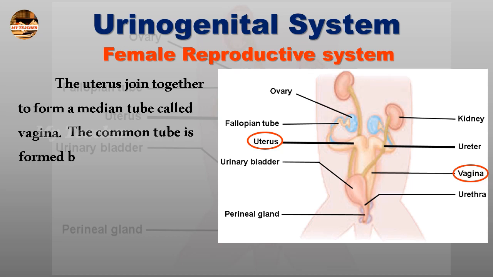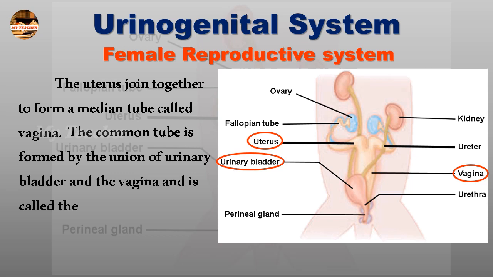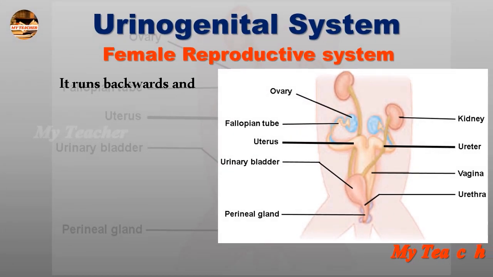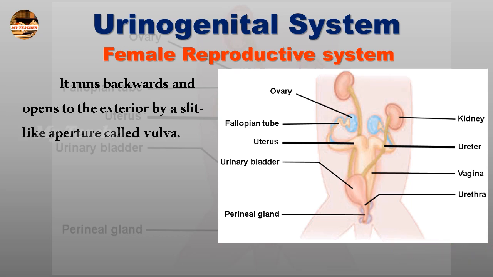The common tube is formed by the union of urinary bladder and the vagina and is called the urinogenital canal or vestibule. It runs backwards and opens to the exterior by a slit like aperture called vulva.